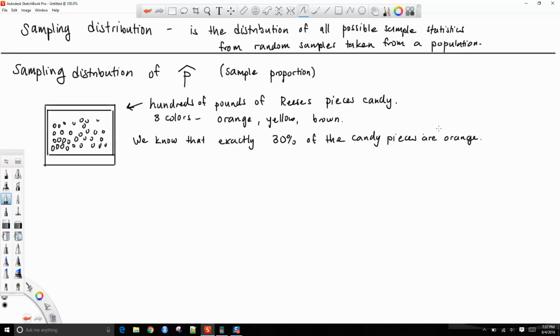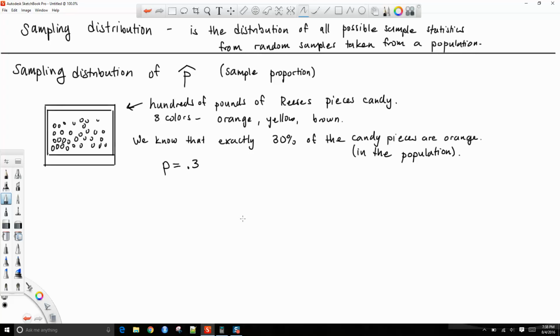So the population proportion is 30% of candy pieces are orange. This is in the population. We're going to say P is equal to 0.3.